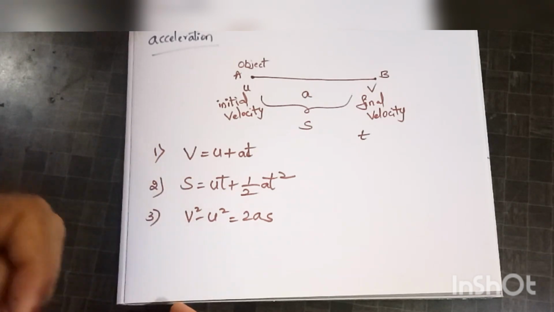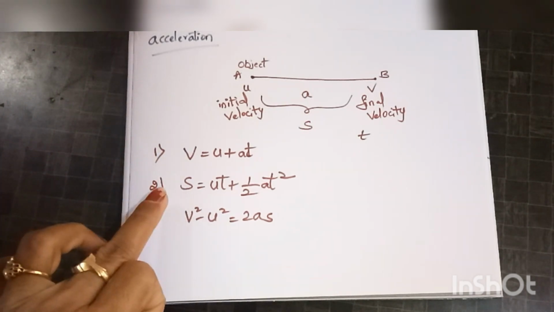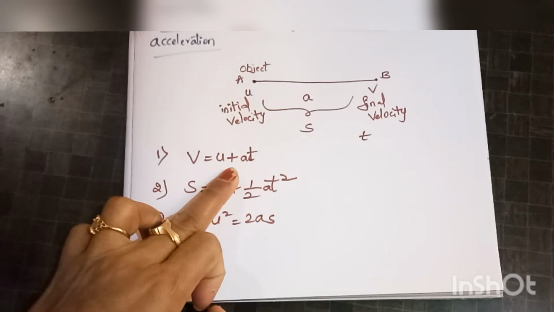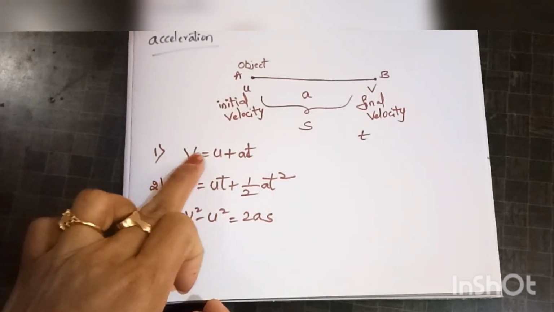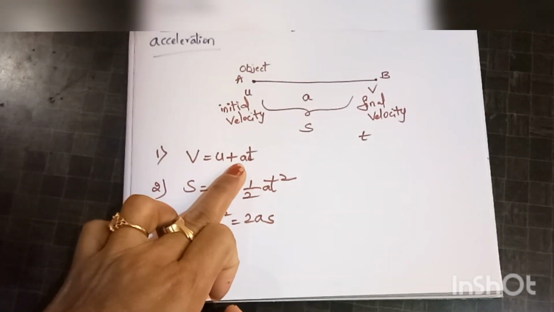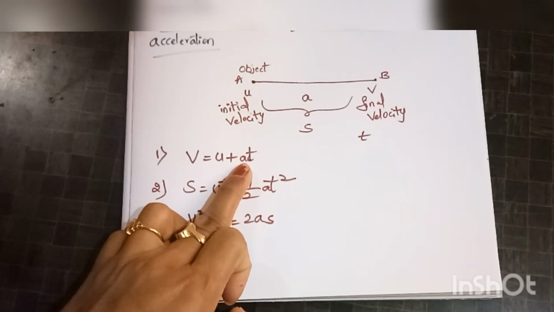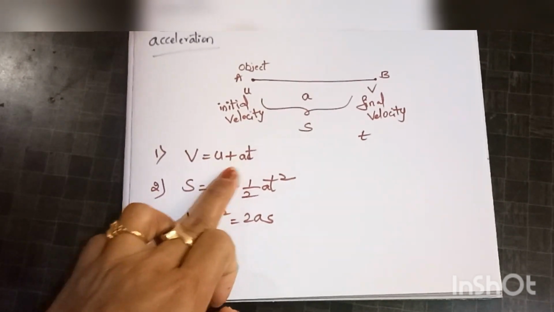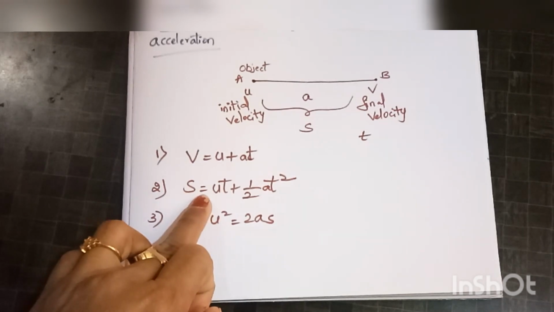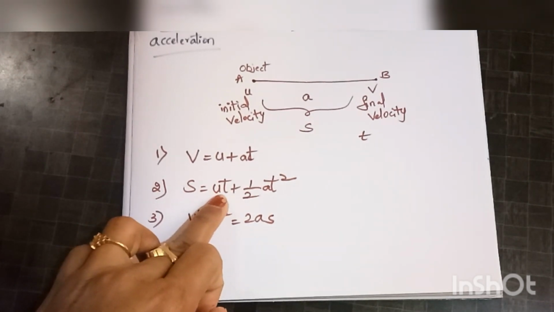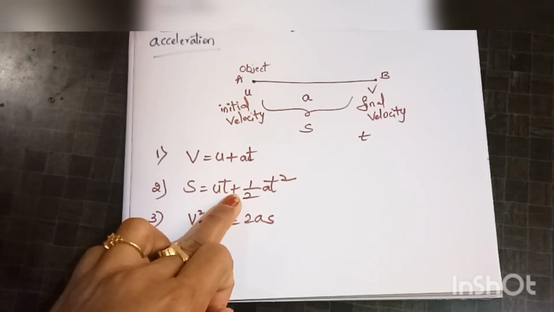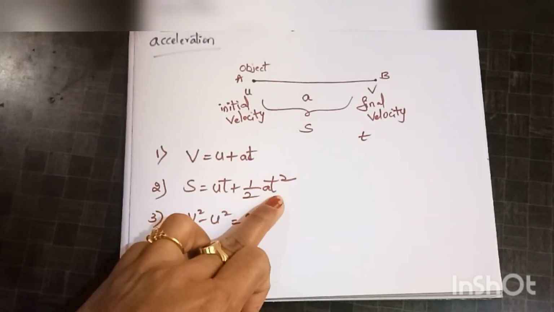These equations are very important. The first equation is v equals u plus at: final velocity equals initial velocity plus the product of acceleration and time. Here s is the displacement, u is the initial velocity, a is the acceleration, t is the time.